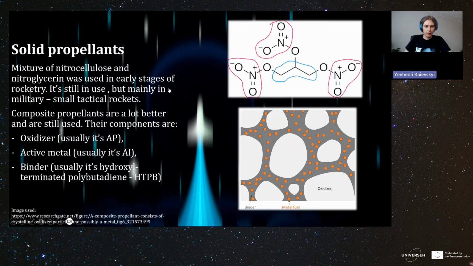In the case of solid propellants, at the beginning, of course, as we know, nitro derivatives of organic compounds were used as those compounds which released a lot of heat during combustion, for example.